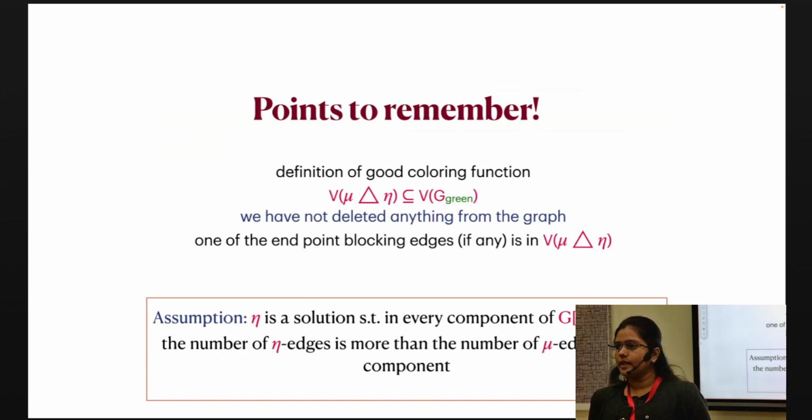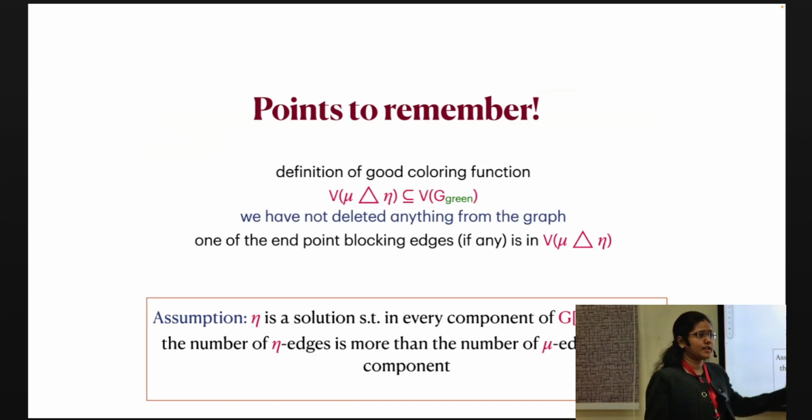Do not augment because it is anyway not increasing the size, and because of our coloring you can also show that it will not happen that it was required for some blocking edges. So this is our safe assumption and we need it for our algorithm.